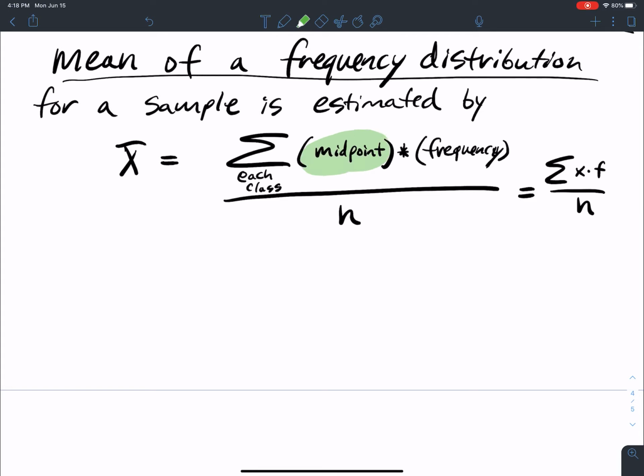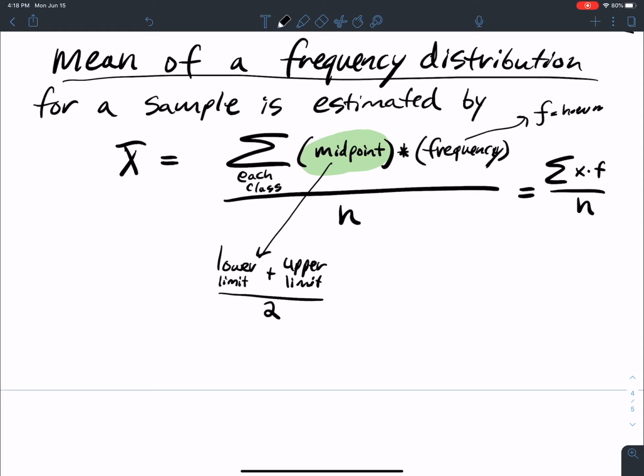So how do I get the midpoint? The midpoint is found by doing the lower limit plus the upper limit of the class, and then dividing by 2. It's the average of the limits of the class. Now this f here is just the frequency, how many data points are in each class.